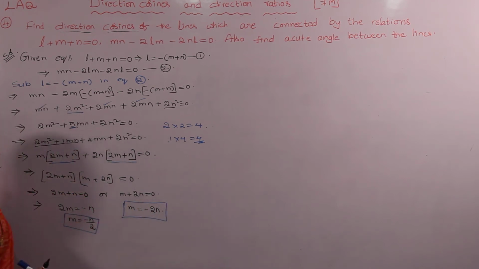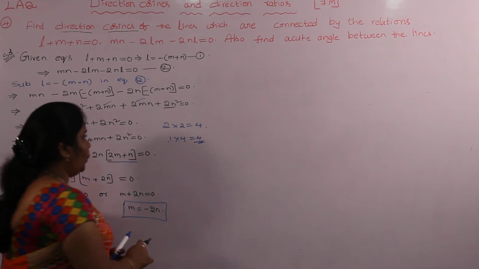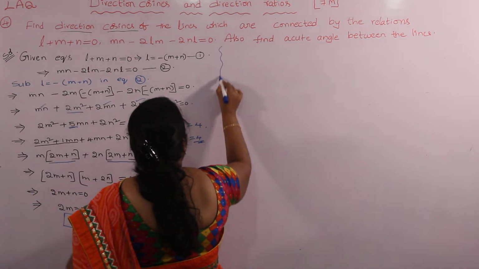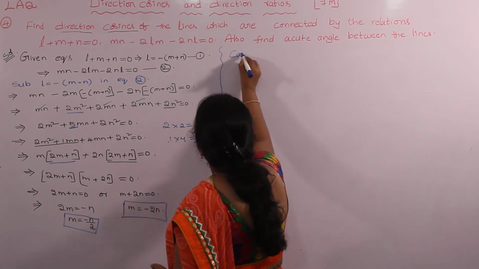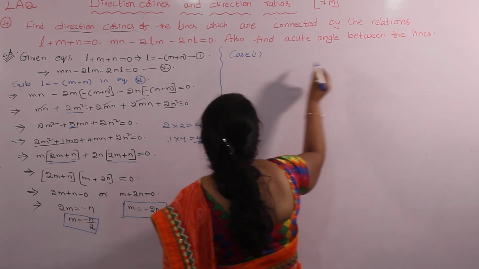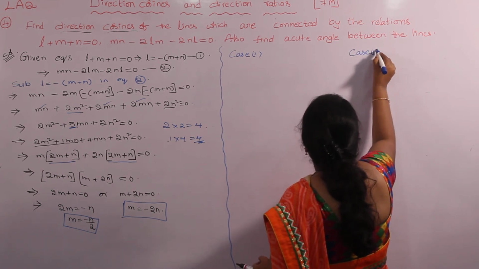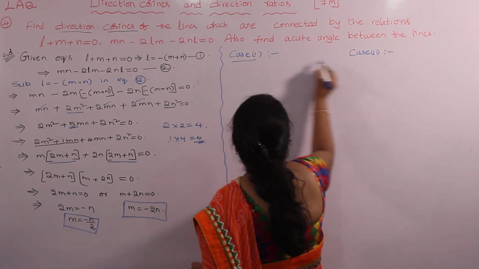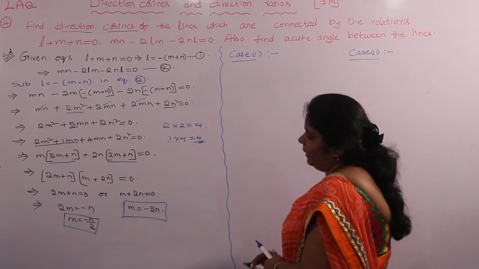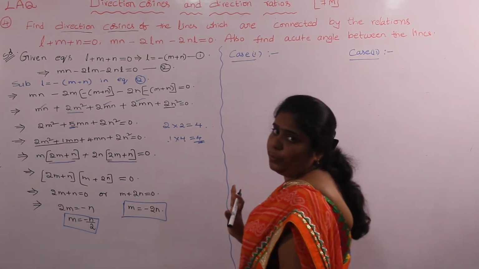Here we have the two m values. So we take the two cases, case 1 and case 2. In case 1 we take m equal to minus n by 2 and in case 2 we take m equal to minus 2n.